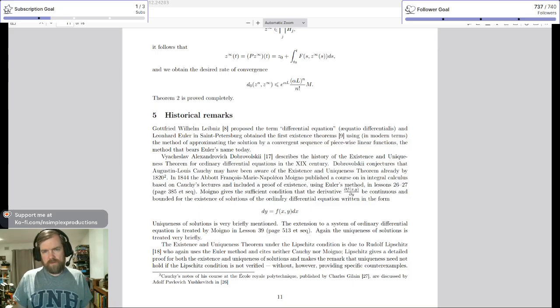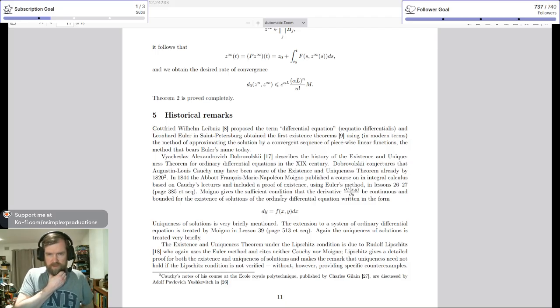D sub 0 of z super n z super infinity is less than or equal to e to the alpha L times parentheses alpha L raised to the nth power over n factorial times m.